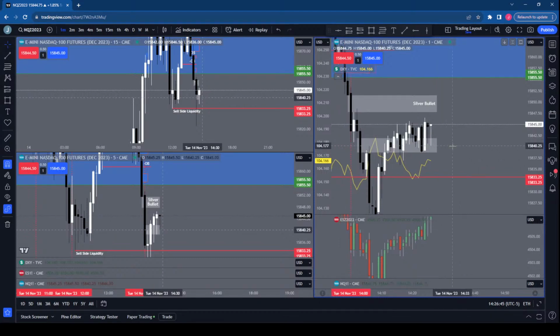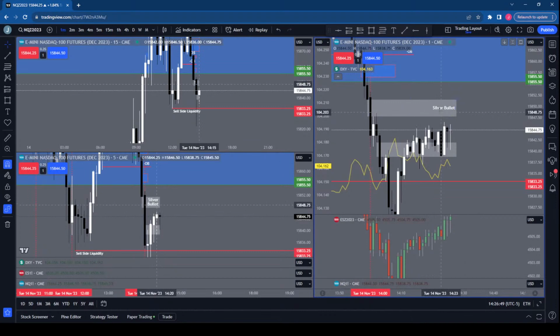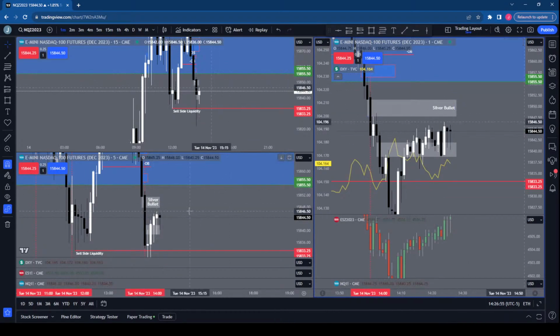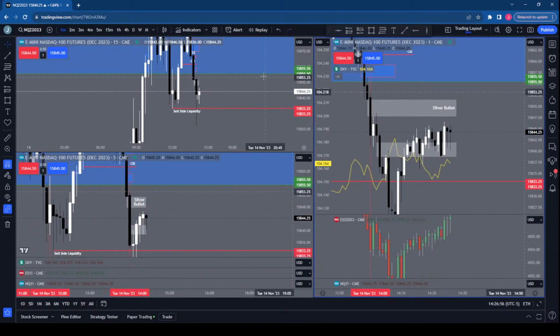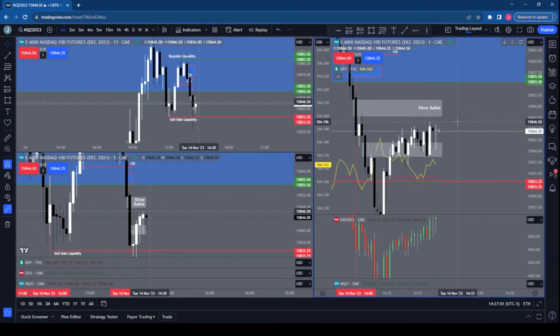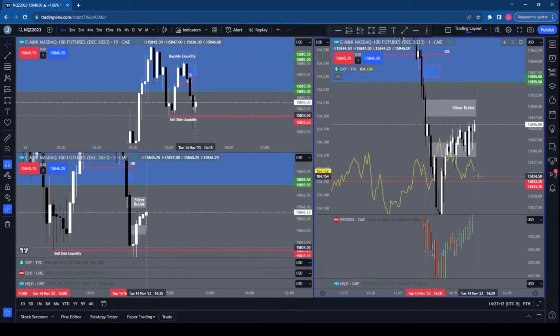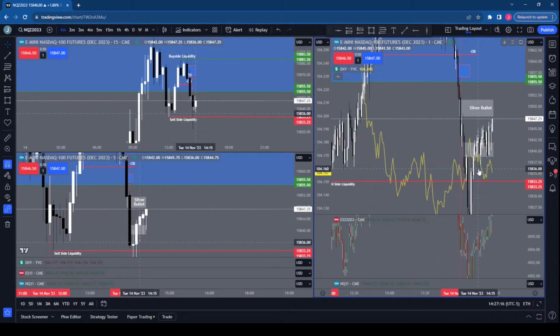It looks like it wants to go down, but any re-entry would have to be in here, and I just want to see how it treats that area. And I want to see what the dollar does.